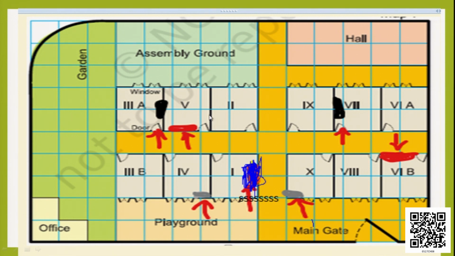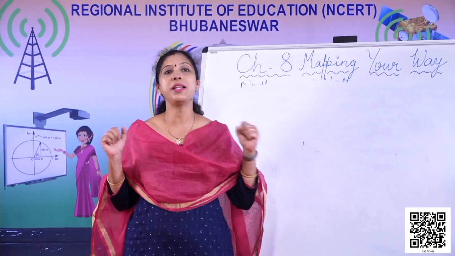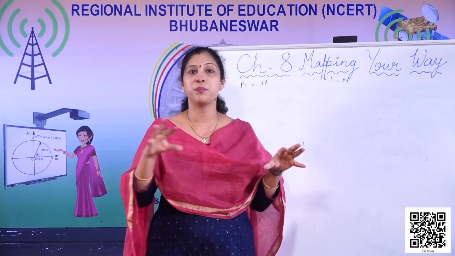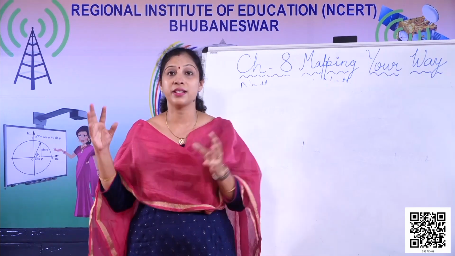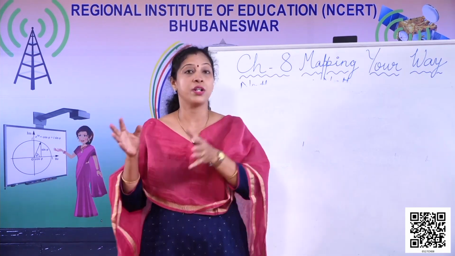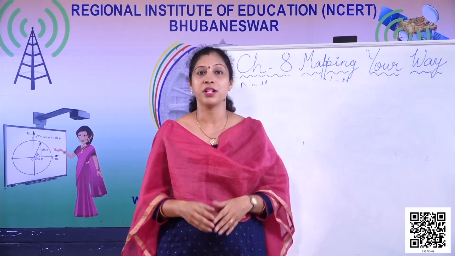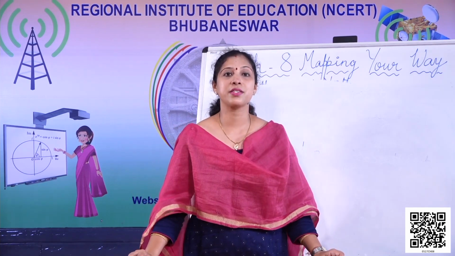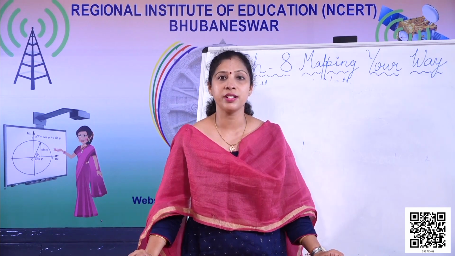So this side will be the blackboard, and the other wall will be the notice board. So see how simple it is. Without even going to the class, you can tell the position of every furniture, blackboard, notice board, display board just by observing the map. Now let's go to the next question.